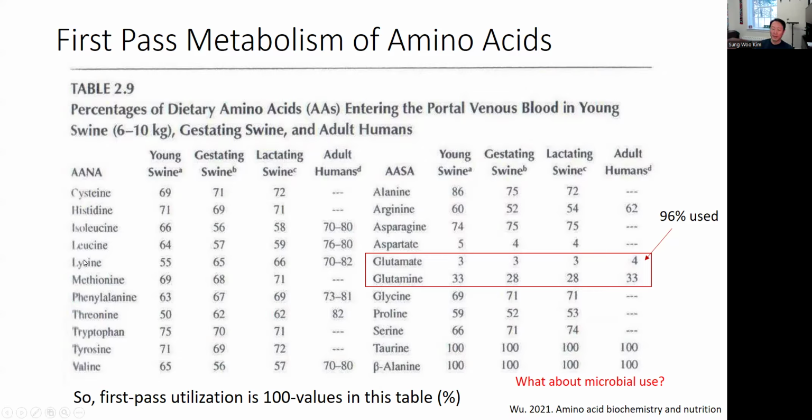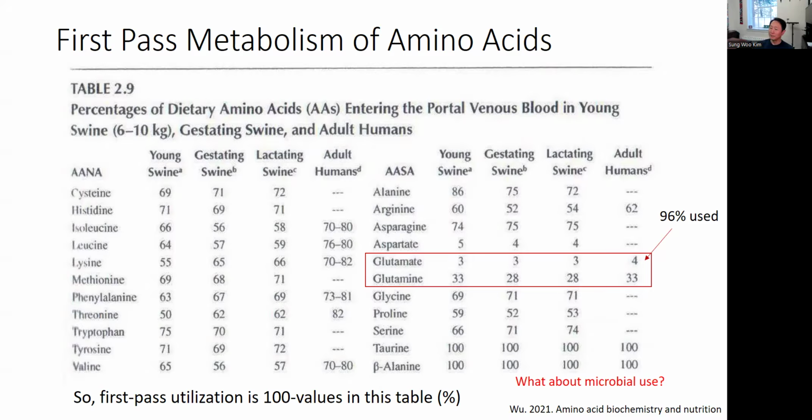You can see the other values. Lysine, 20 to 30% is gone in the case of human, and more than 30 to 40% in the case of pigs. So a significant amount of dietary amino acid is used in this first pass metabolism, including intestine and also microbiota.